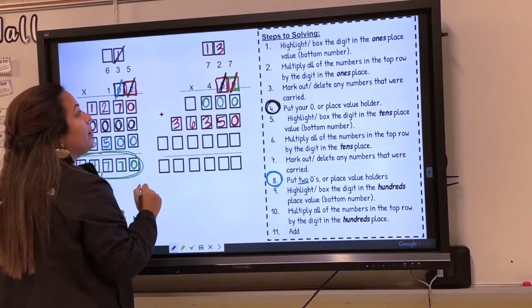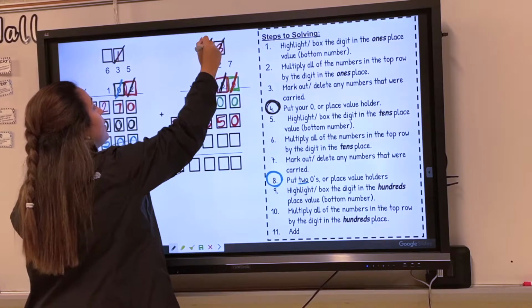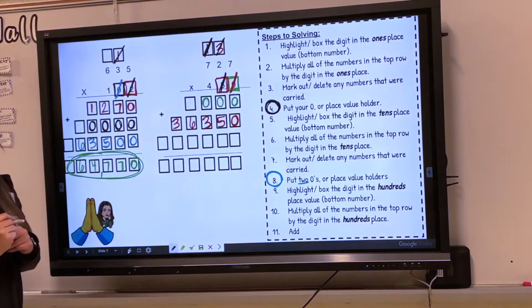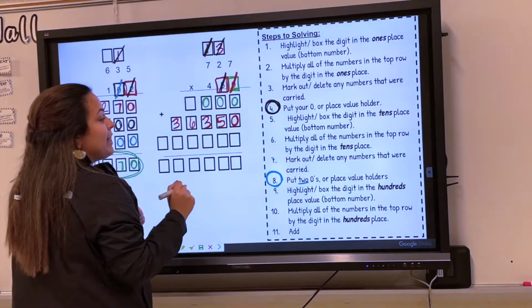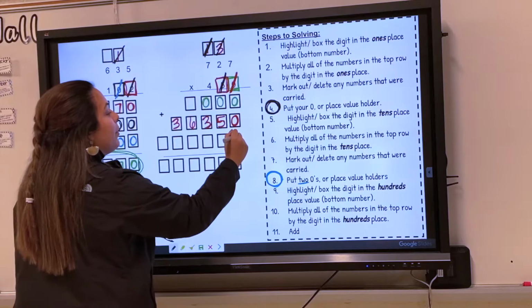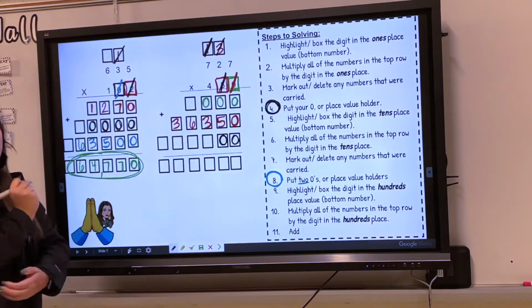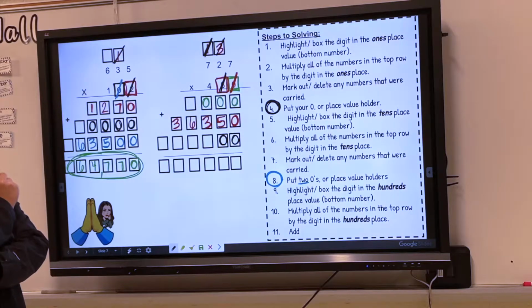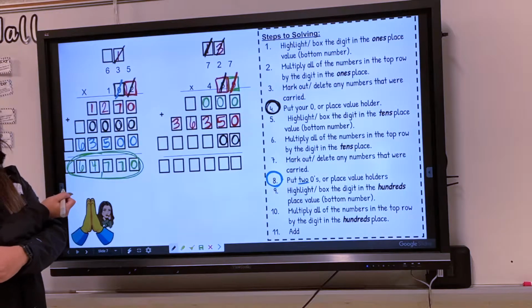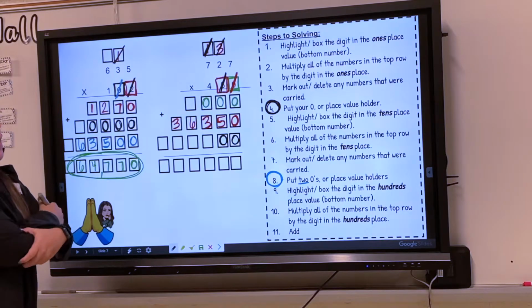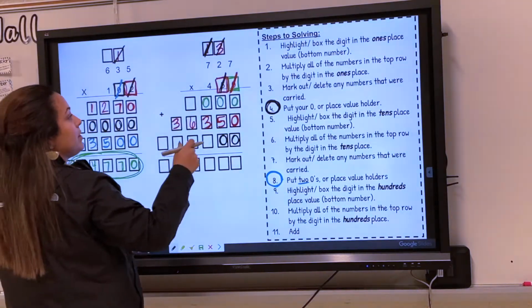I'm going to mark out the numbers I don't need anymore, so I don't accidentally use them again. And then step number 8, put 2 zeros in my third row before I can multiply. So now I'm going to multiply 727 by the 4 in the hundreds place.